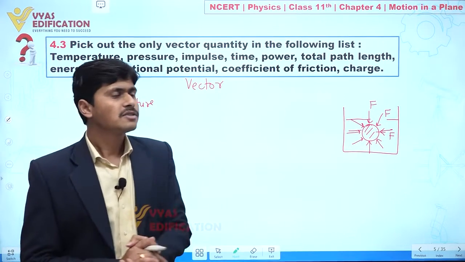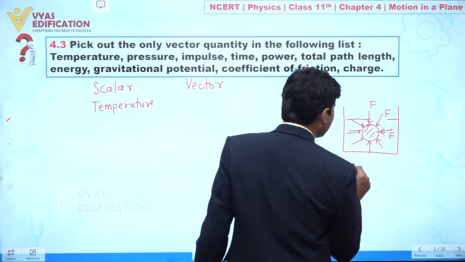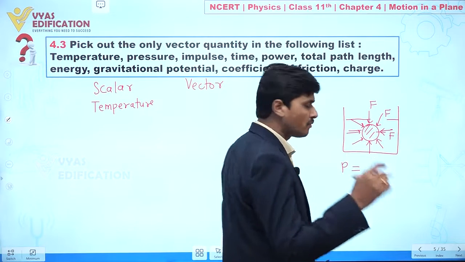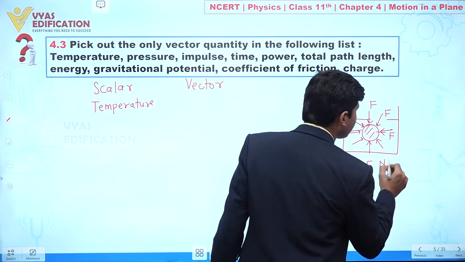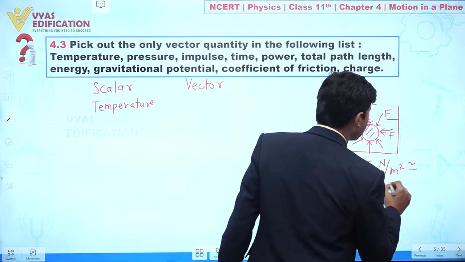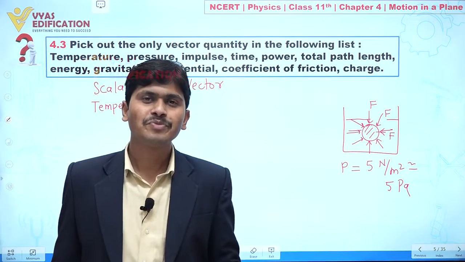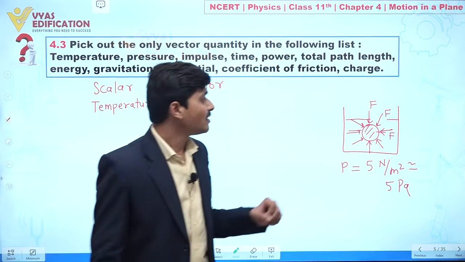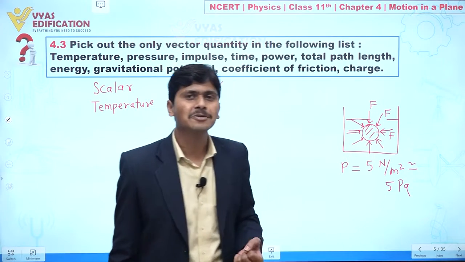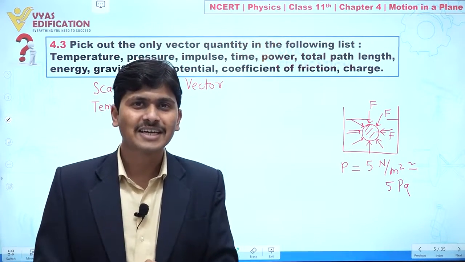So you can say, sir, suppose I write a value of pressure, for example 5 Newton per meter square, or I can say 5 Pascal. This has magnitude, it also has a unit, and it also has direction. Why is this not a vector quantity?